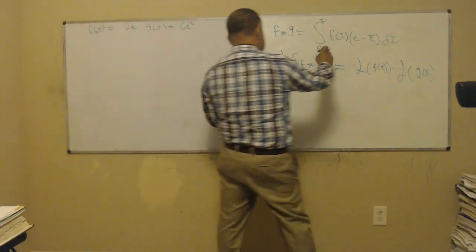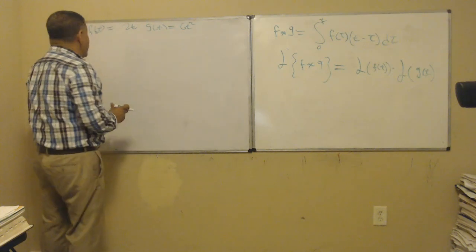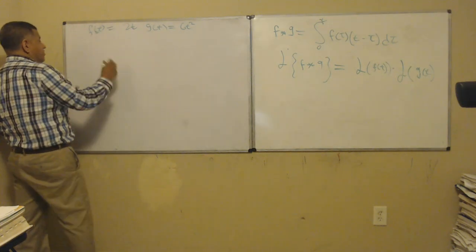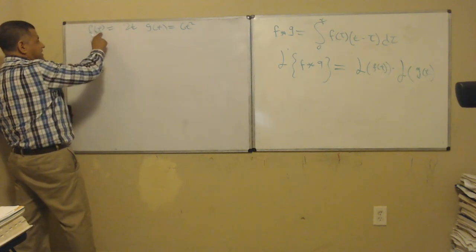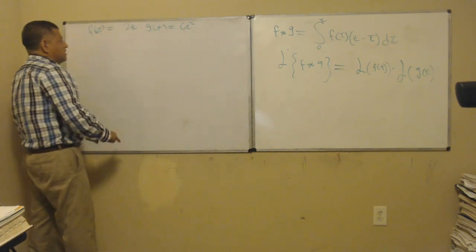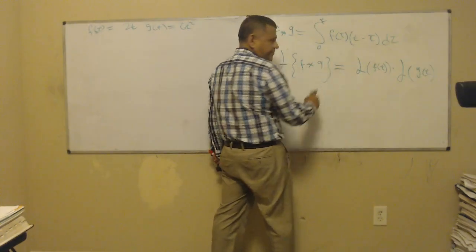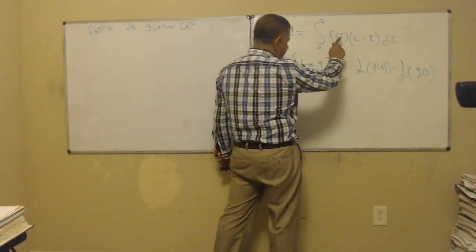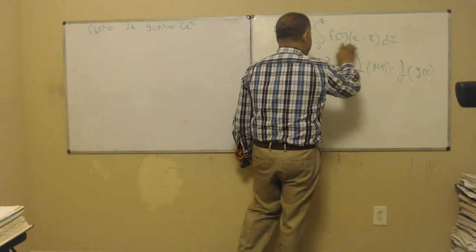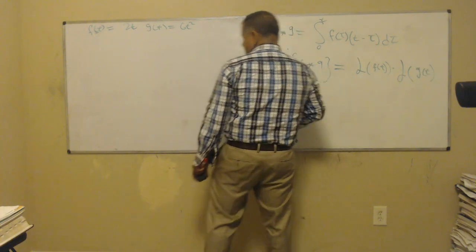We will use this, right? So what I will do is I will make that my f, and remember, my f over here is the dummy variable already, a fake variable, right? I'm integrating with respect to tau.